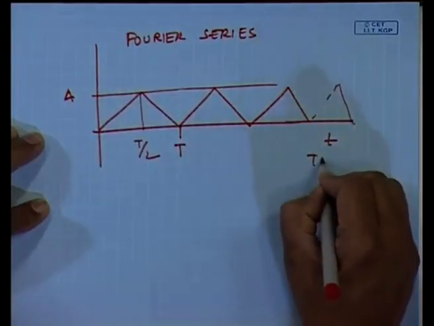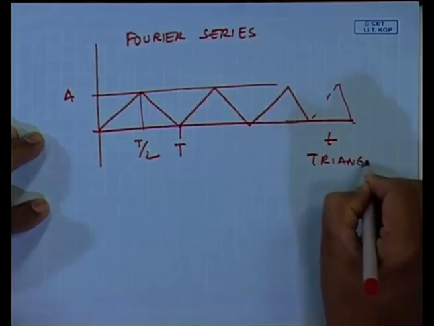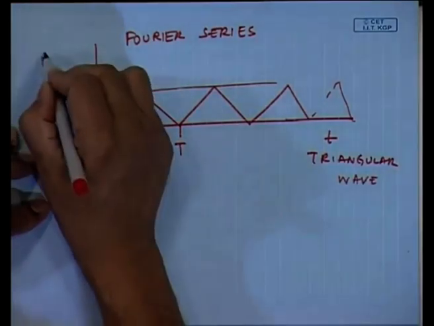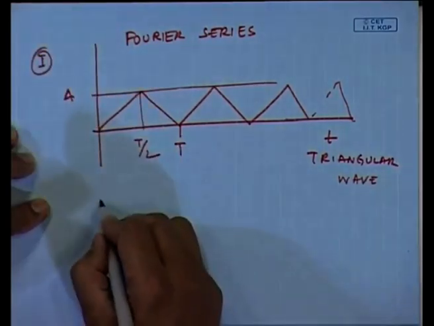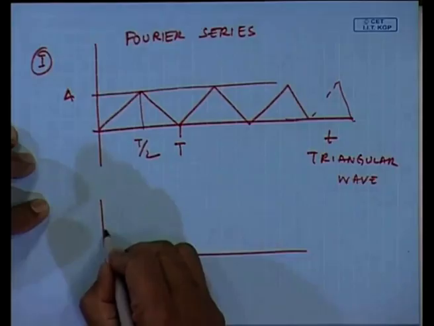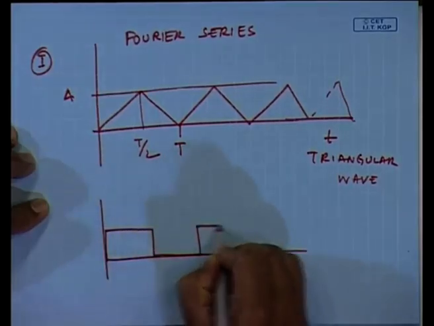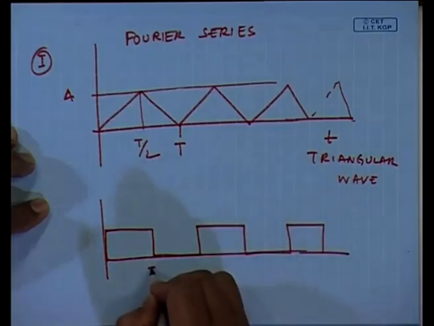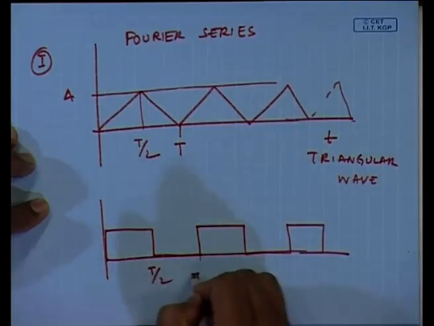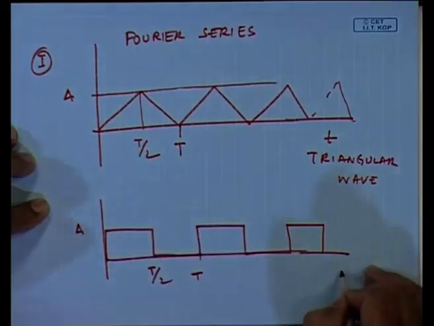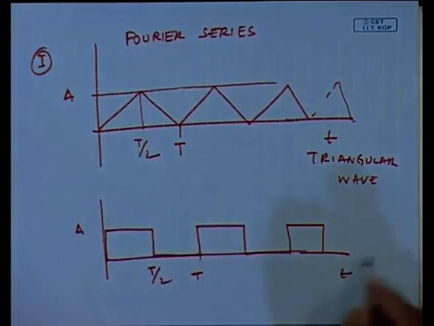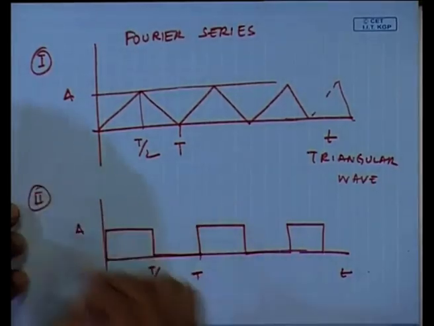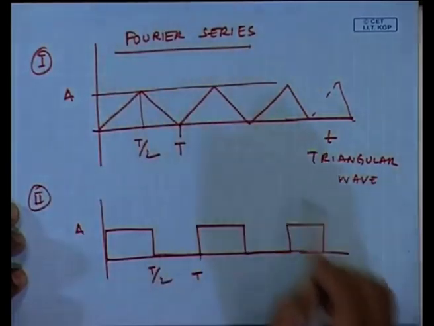This is a triangular wave. Another is you could have a positive sided square wave where the negatives are chopped. You can find out the Fourier series expansion of such waves.